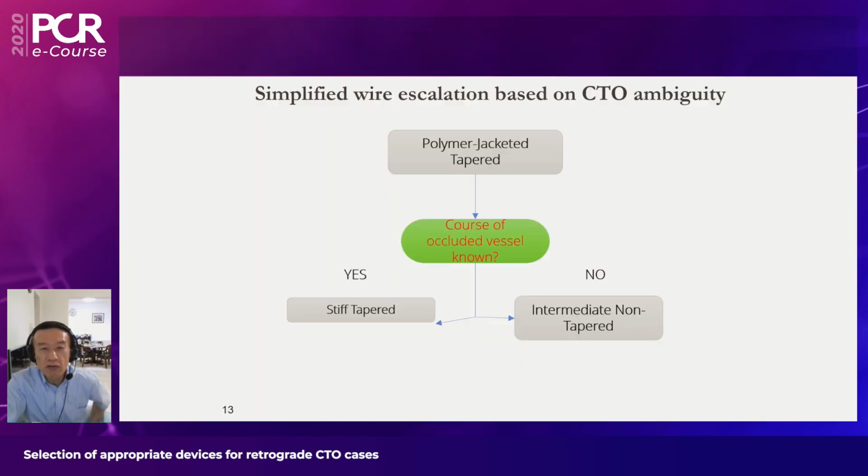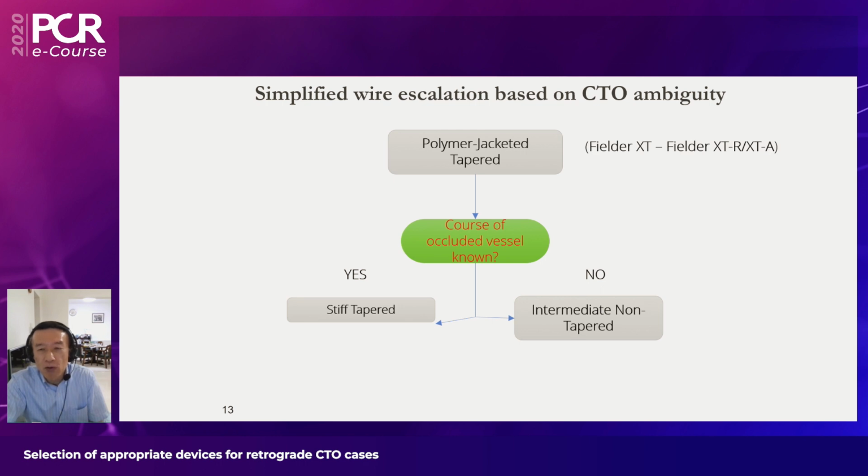So probably this is already mentioned by Kambis: simplified wire escalation based on the CTO cap ambiguity. That is probably basic for the antegrade as well as the retrograde.